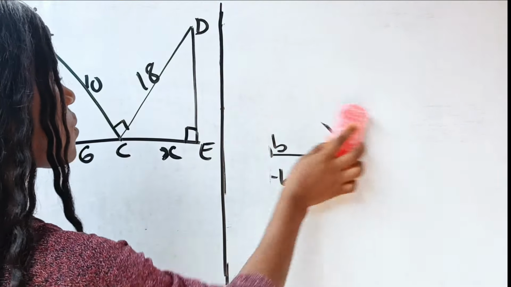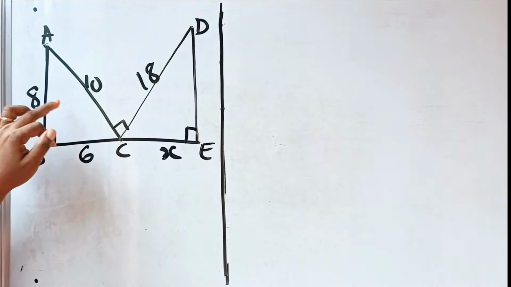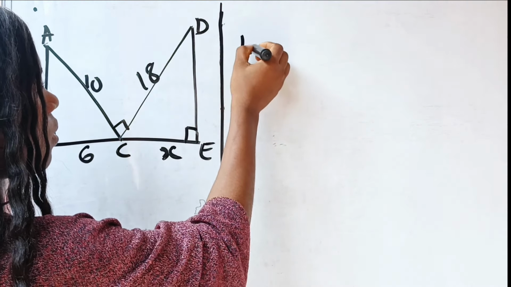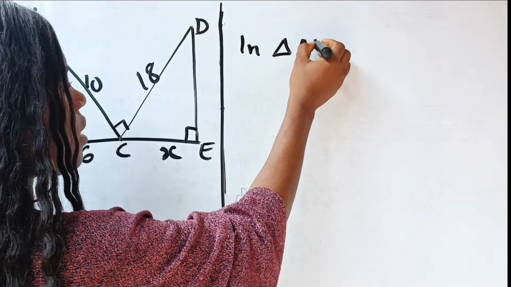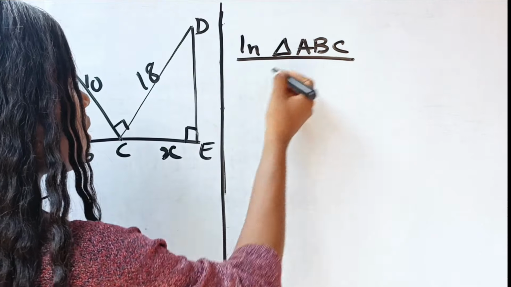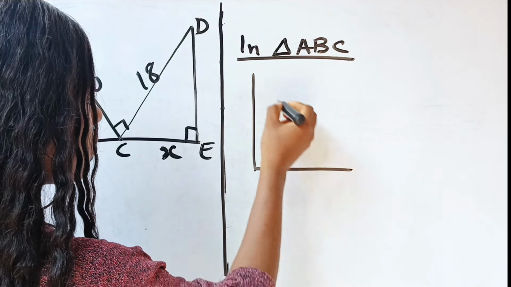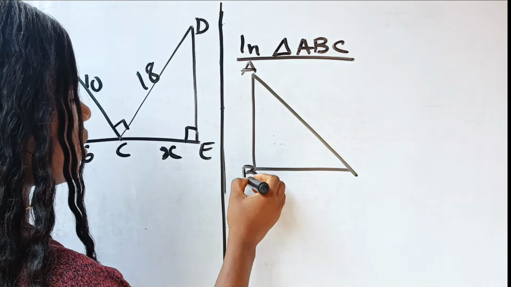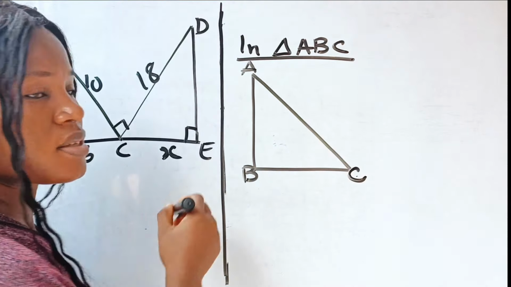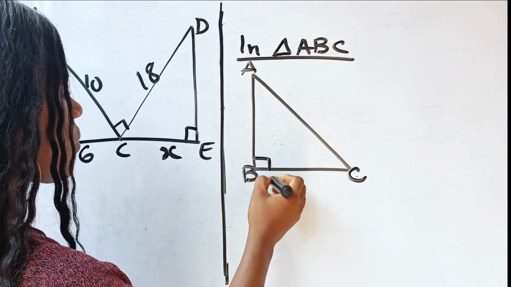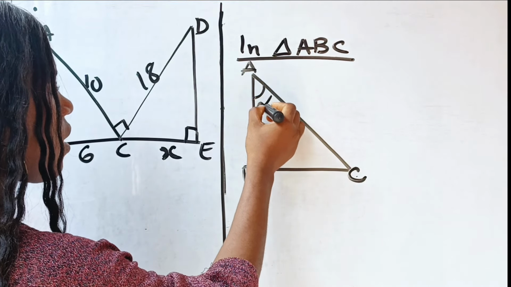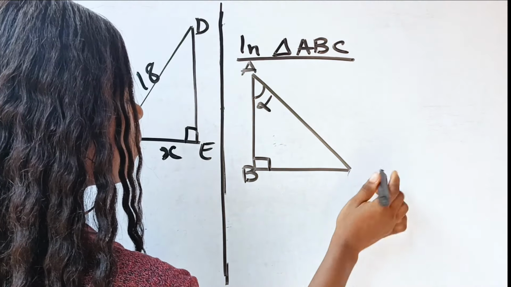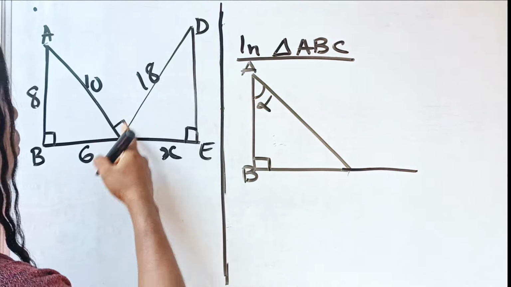So now let us relate that to what we have here. Let us consider triangle ABC. This is A, this is B, and this is C. So this is a right angle, and we have alpha here. So now let me introduce what we have here.